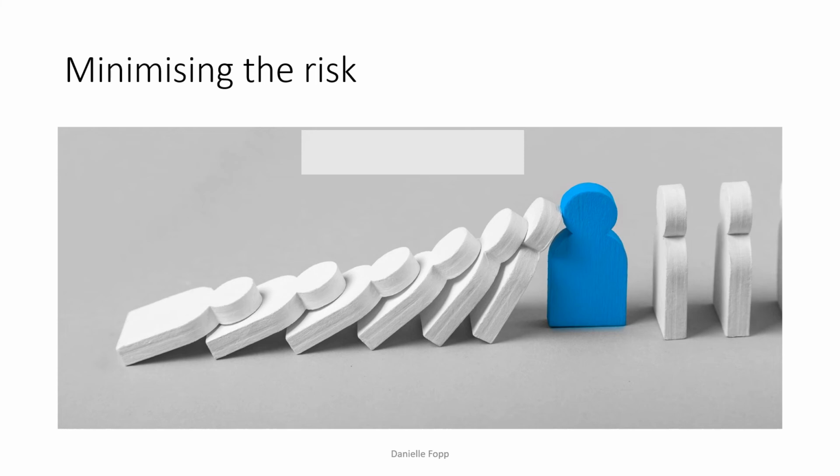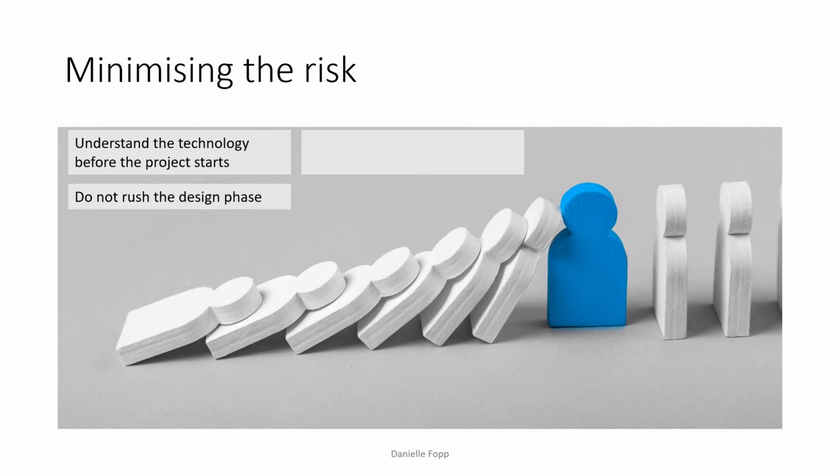Well, we know that when a project has any of these characteristics that we've previously seen, it's even more important to soundly evaluate the technical appraisal and assess as far as possible the risks associated with the construction and operation of the project. However, the following precautions can be considered. So we know that we should try to understand the technology before the project starts. So this would be your client would need to understand the technology before the project starts.